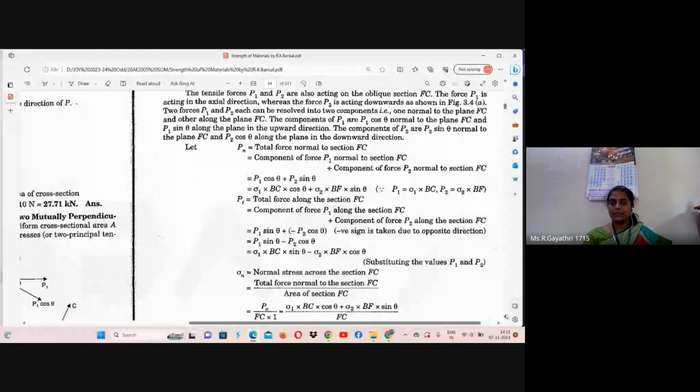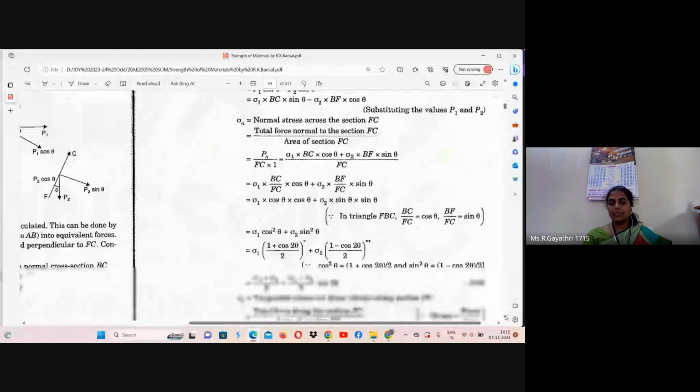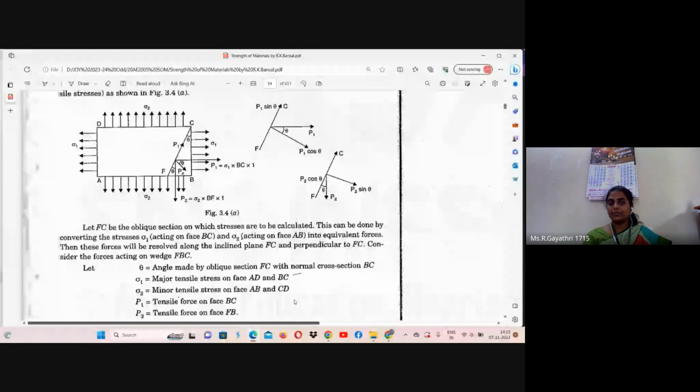Next, we can try the tangential force Pt, that is the total force along the section FC. We can write Pt also in terms of P1 and P2. Pt is equal to P1 sin theta. This is force along section FC, minus P2 cos theta.